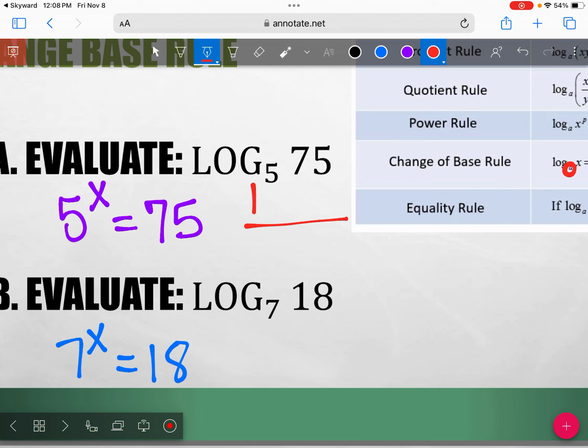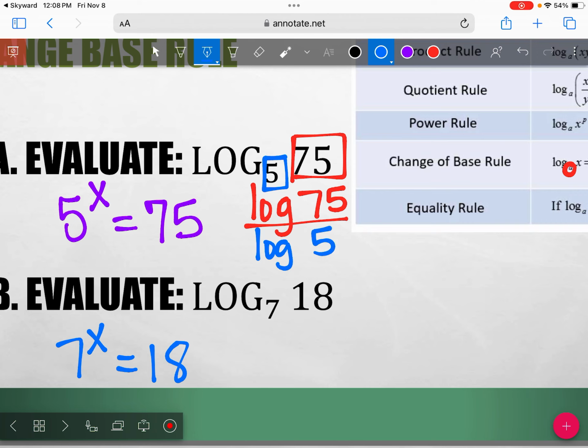You would divide in your calculator the log of your big number, which is 75, divided by the log of your base, which is 5. Go ahead and type that in your calculator. Now, you need to use parentheses when you're typing this in. Every calculator is different, but on this calculator, we can use our fraction bar.